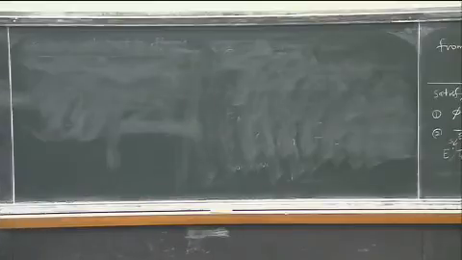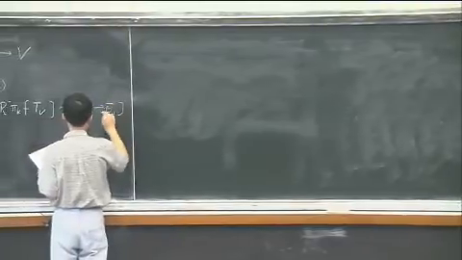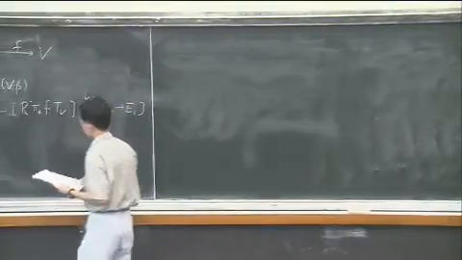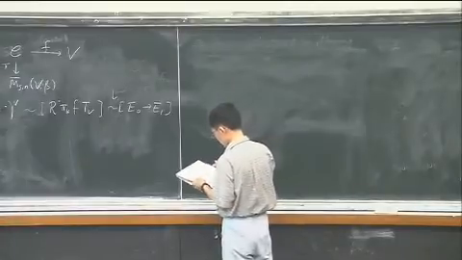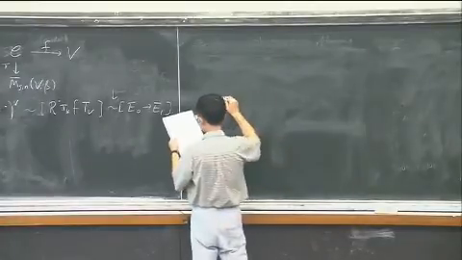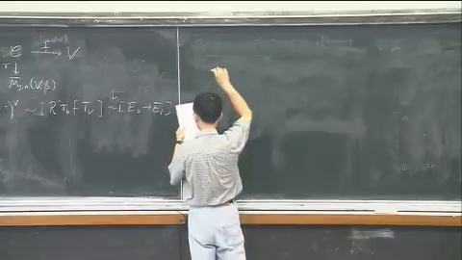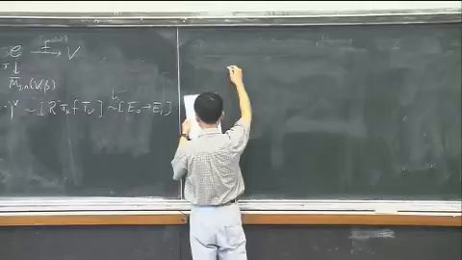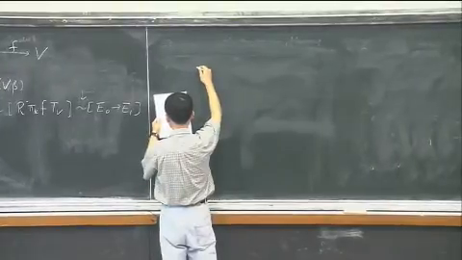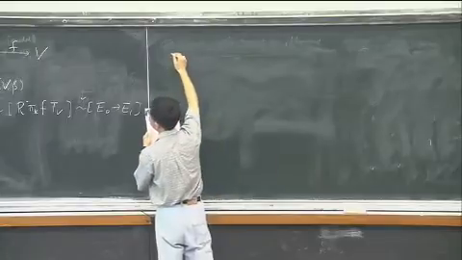All right, so how do I make sure this is isomorphic to E0 to E1? How do I do this? Well, I will first do the following. Let's see.